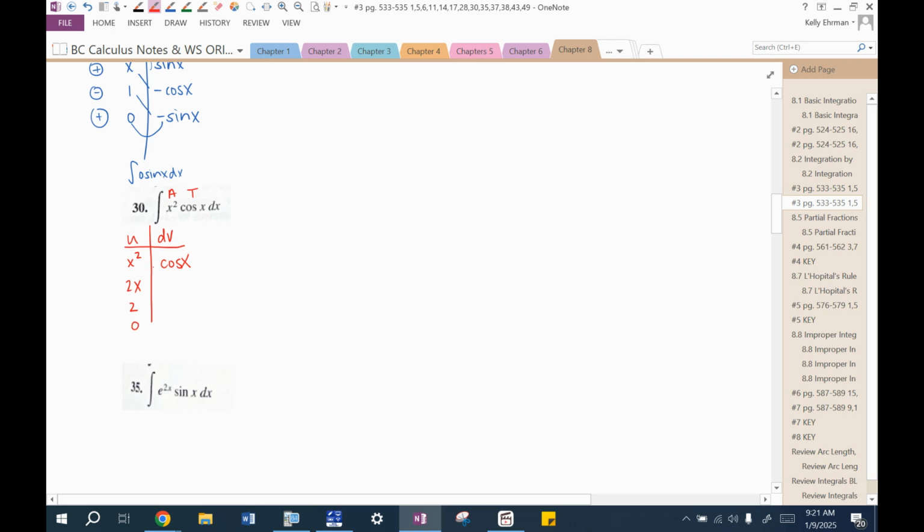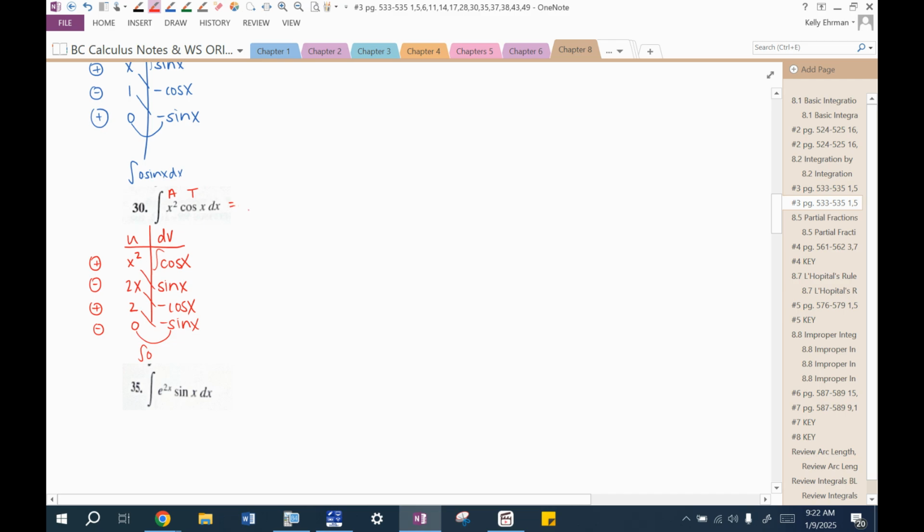The integral of cosine is sine. The integral of sine is negative cosine. The integral of negative cosine is negative sine. Plus, minus, diagonal, diagonal, diagonal, loop. The loop is going to be 0.